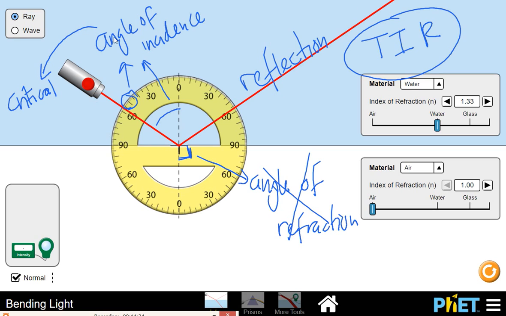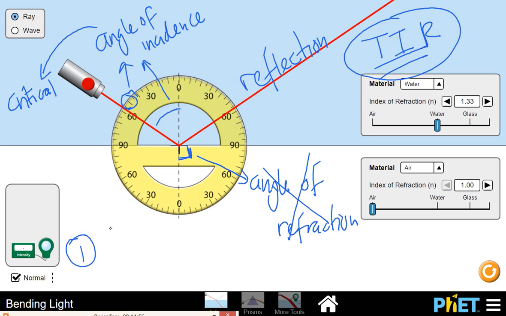Total internal reflection is when you have a complete reflection of a ray of light within the medium itself. You need two conditions to be met in order to get total internal reflection. The first one is light needs to be going from a more dense medium to a less dense medium.